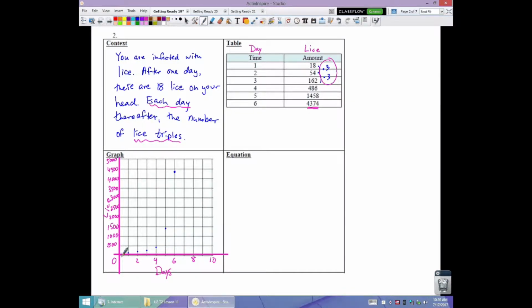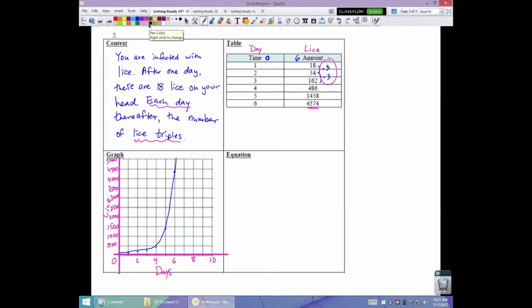So we could say, here's an exponential curve, and if we continued that to the y-intercept, the y-intercept could actually be found here. Since we are tripling, if we went back to day 0, we would just divide 18 by 3 and say there were 6 lice there. So whoever infected us must have dropped 6 lice on our head.